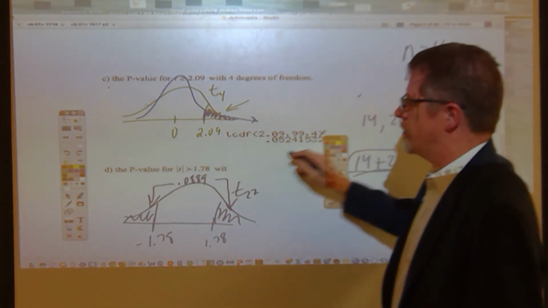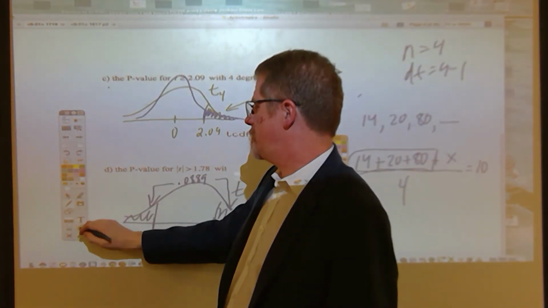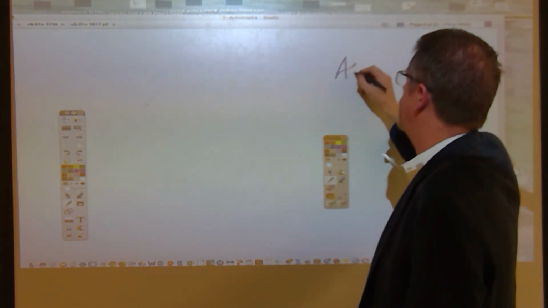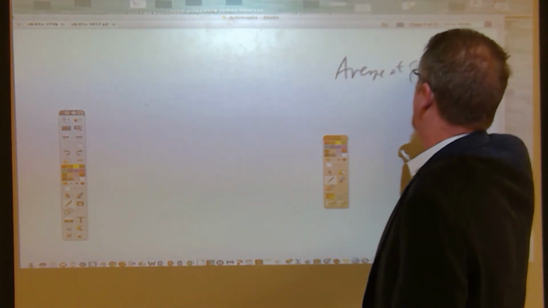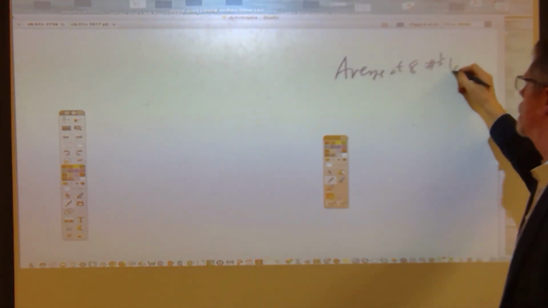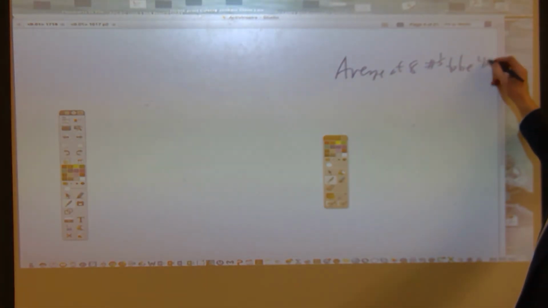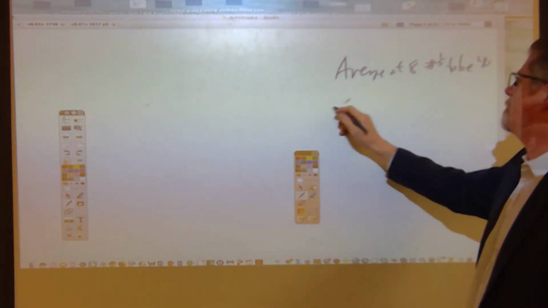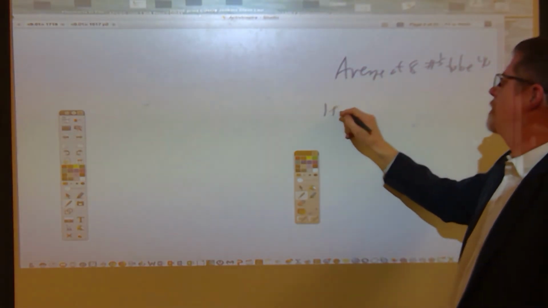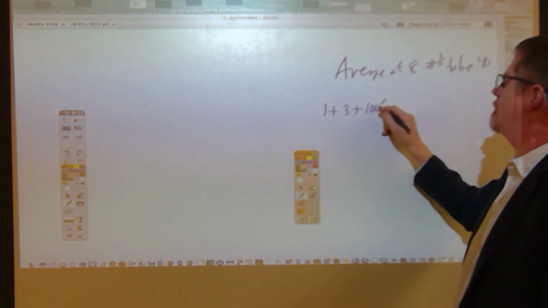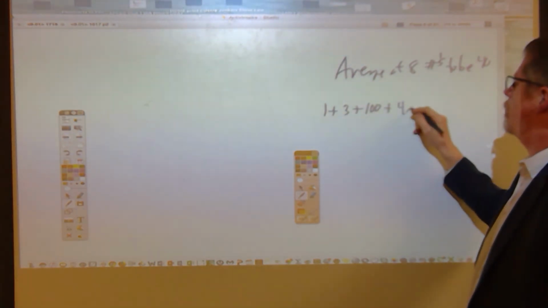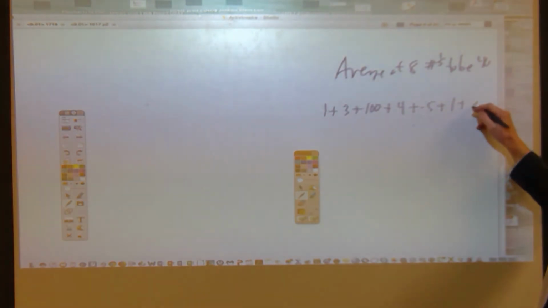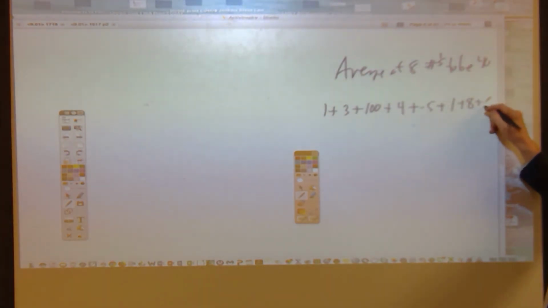Just to illustrate that further, since I didn't explain that perfectly, how many degrees of freedom do you have if you want the average of 8 numbers to be 40? Well, you can freely choose 7 of those numbers. You can say 1, 3, 100, 3, 4, 5, 6, 7.